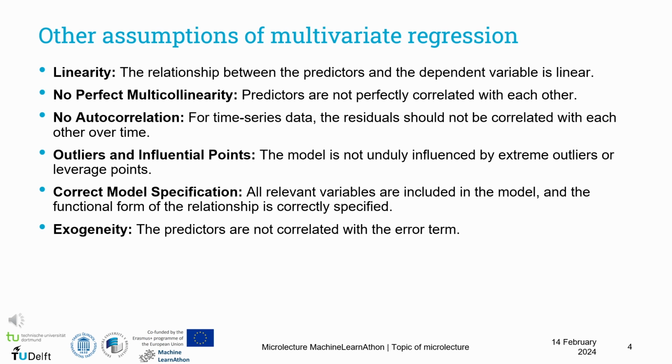The model should not be overly influenced by outliers or extreme values, and it must be correctly specified, meaning it includes all relevant predictors while omitting those that are unnecessary. Finally, the predictors should be exogenous, which means that they must not be correlated with the error term.